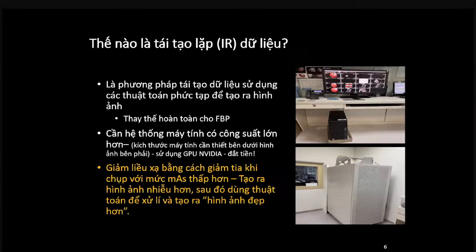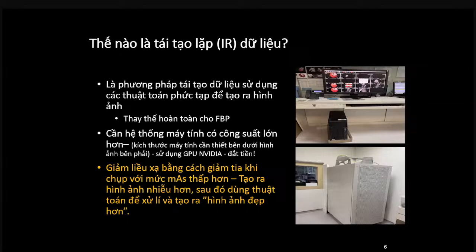Most mid to high-end range CT scanners no longer use traditional filtered back projection to reconstruct the images. This needs a large amount of computing power. Look, this is the workstation we use for 3D post-processing, and this is the footprint and the size of the computer needed to do reconstruction of data.